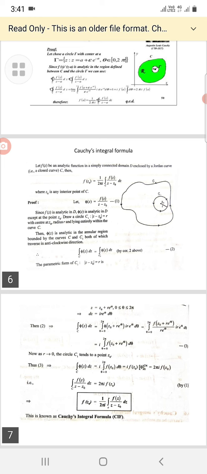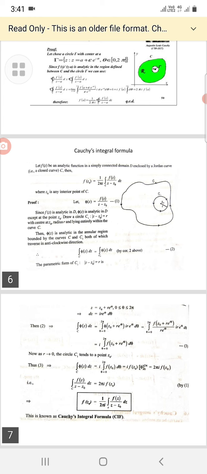Proof: let f of z divided by z minus z0 be equal to phi of z. Here f of z is an analytic function, so phi of z is also analytic in the domain D except at the point z0.